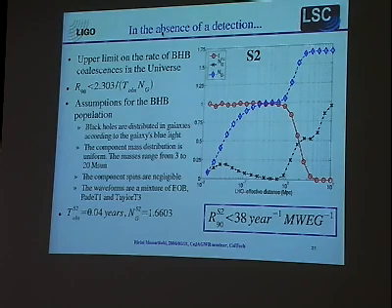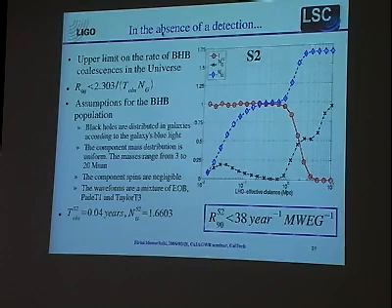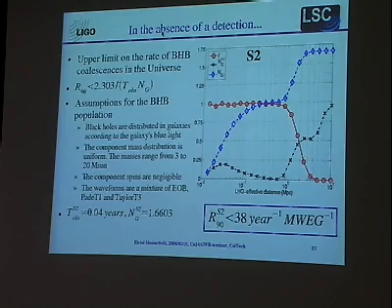So to do that, we have to make some assumptions about the black hole population. And the assumptions we make are, for the most part, reasonable. So we assume that black holes come from the evolution of stars, and so they are present in galaxies. They're distributed in galaxies according to the galaxy's blue light.